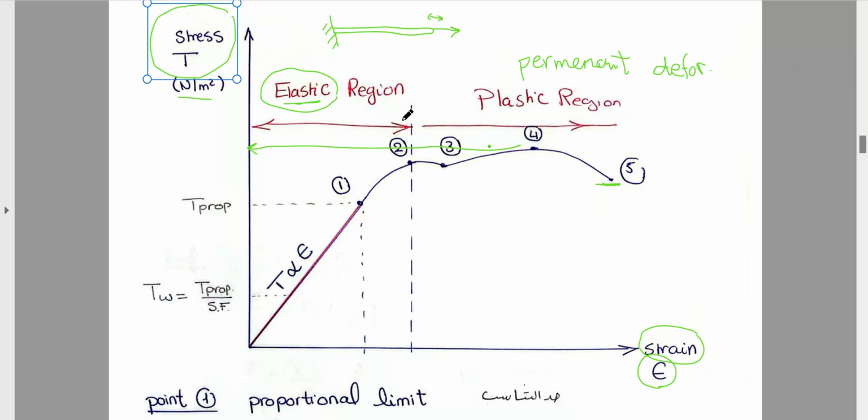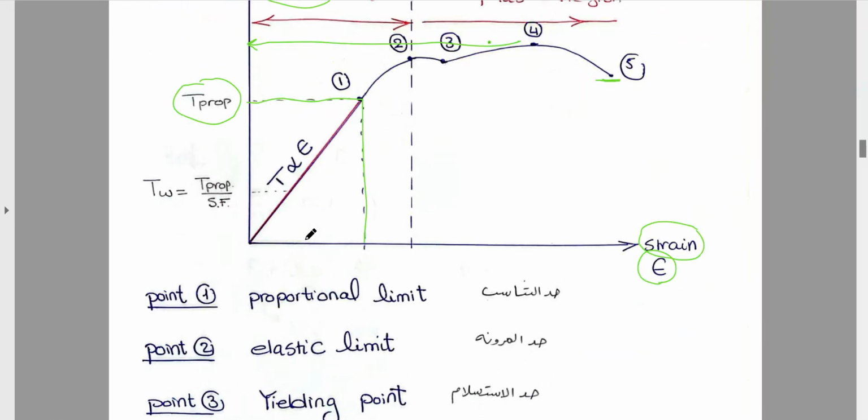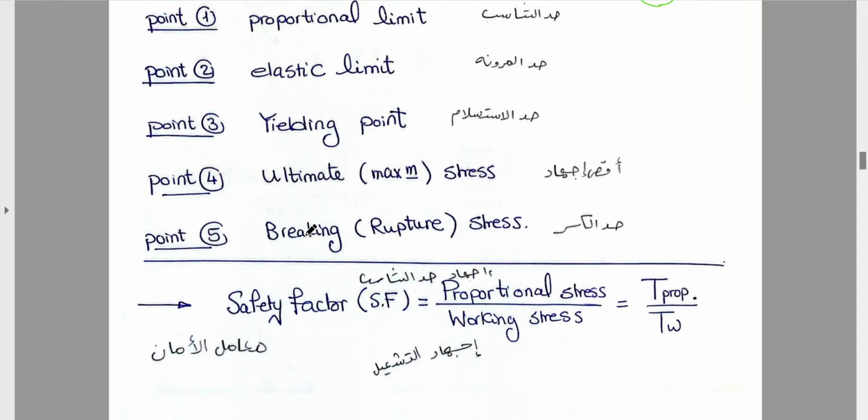And also, I can't work from 1 to 2 because now I don't know the relation between stress and strain. So as an engineer, I want to work only in this range. So I work maximum on the proportional limit because the stress and strain relation is known. Also, according to codes of application, we specify a safety factor.